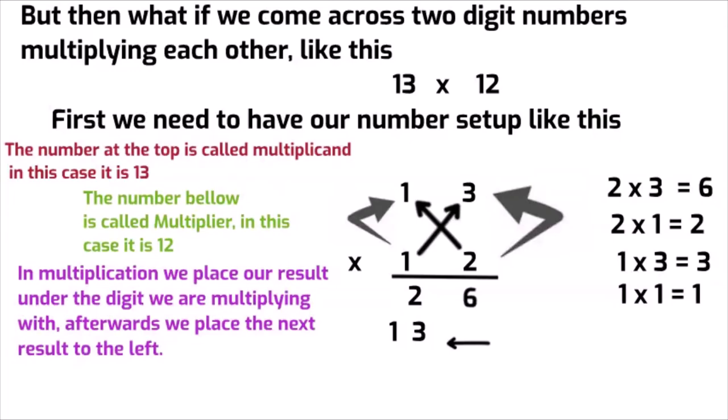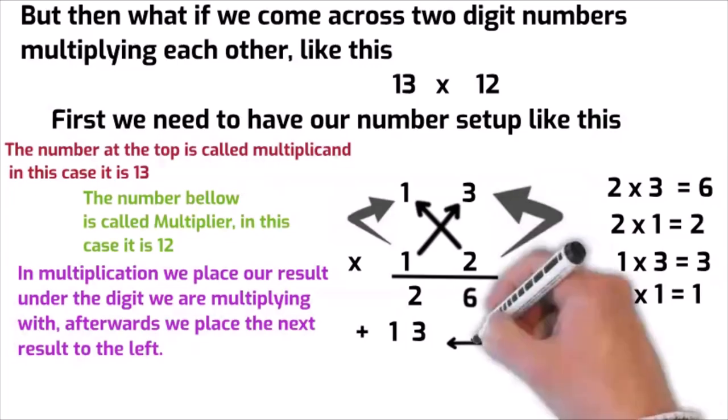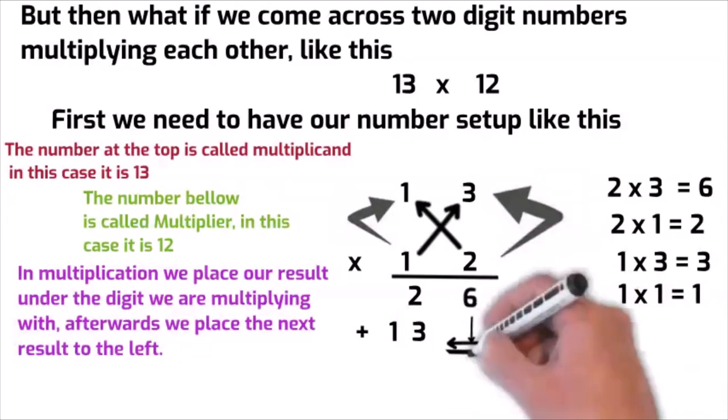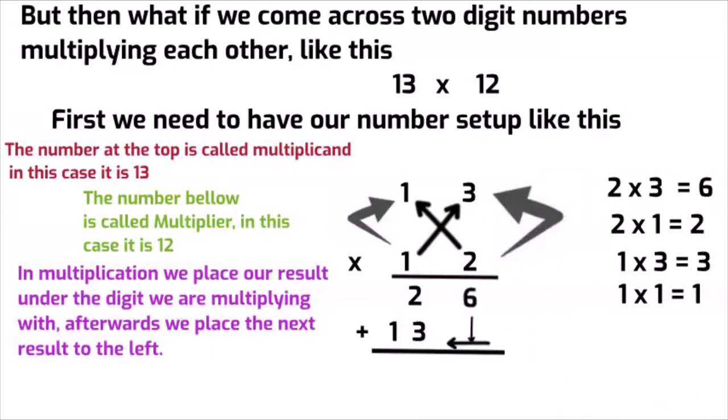Next, we need to add our results to get our product or final answer. Again, we add starting with the right column. 6 plus 0 is 6. So we go down and write down 6. Next, we move to the left. 2 plus 3, which is 5.